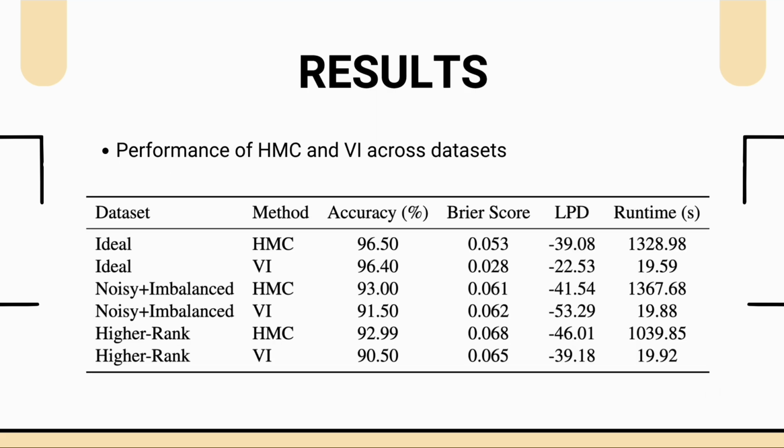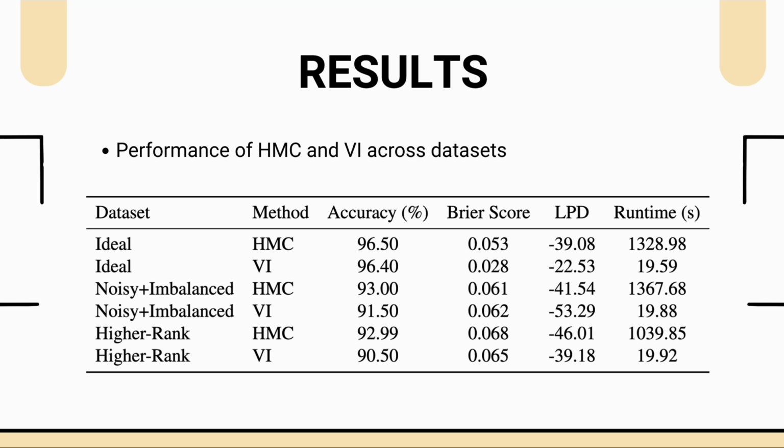For the ideal dataset, where assumptions hold, HMC hit 96.5% accuracy, just above VI's 96.4%, but VI excelled in probabilistic metrics with a bias score of 0.028 versus 0.053, and LPD of negative 22.53 versus negative 39.08, while running in 19.59 seconds compared to HMC's 1,328.98 seconds. In the noisy and imbalanced dataset, HMC led with 93% accuracy versus VI's 91.5%, and a better bias score and LPD.